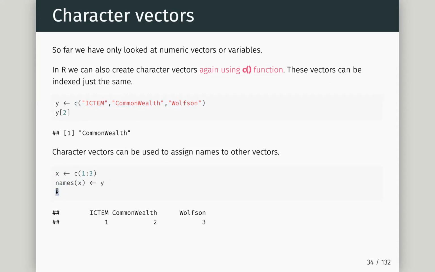And now my vector here looks a little different. It's not just 1, 2, 3. It's 1, 2, 3, but each value has a name associated to it. Okay? And I did that by just creating this vector here, 1 to 3. I assigned the names from this other variable y, and now I have our first named vector.